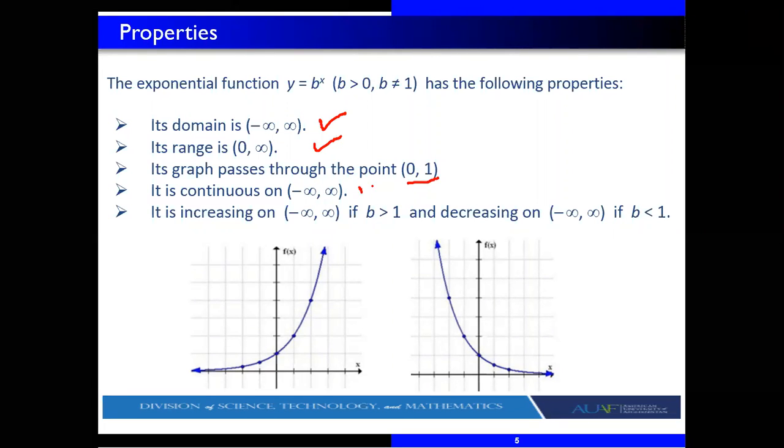Second, it is continuous from minus infinity to plus infinity. In the graph, there are no breaks. First, it is increasing when the base is greater than 1. Second, when the base is less than 1, it is called decreasing.